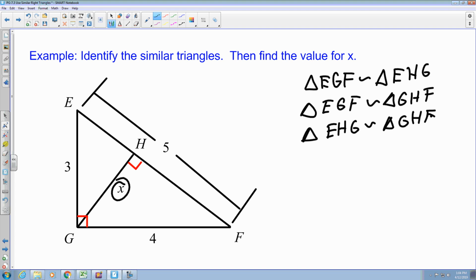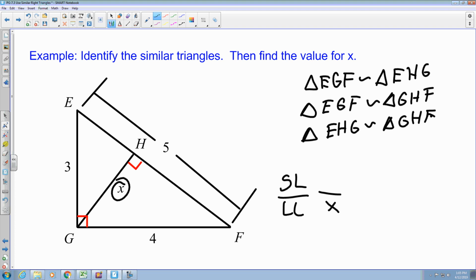So since we're dealing with long legs and short legs, I'm just going to put short leg on the bottom over long leg on the top. So looking at triangle EHG, it is considered to be the long leg. So I'm going to put x over here.